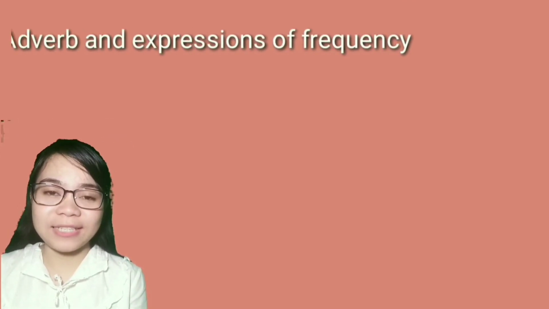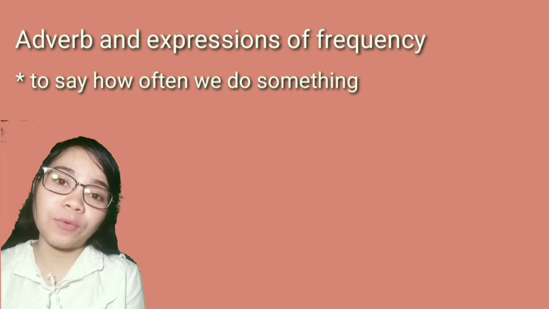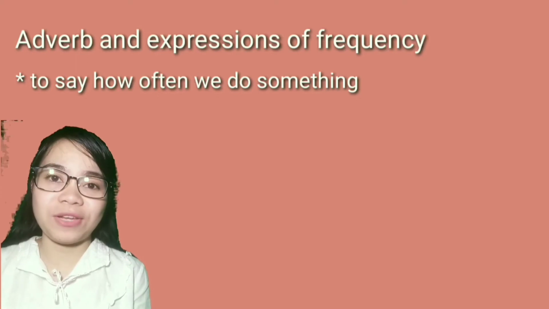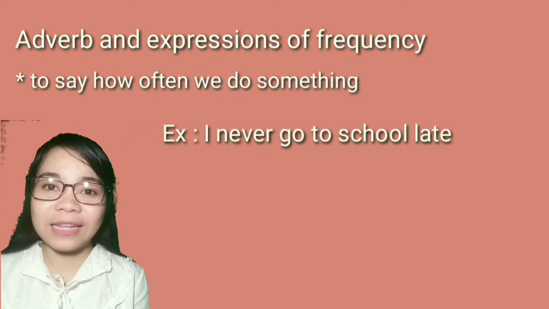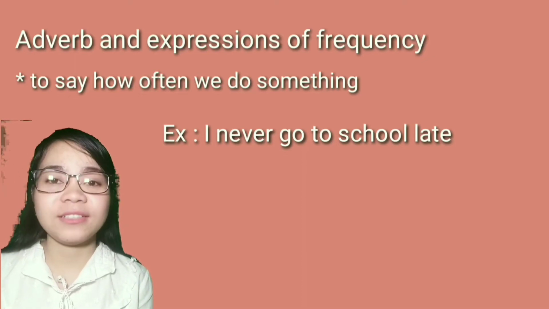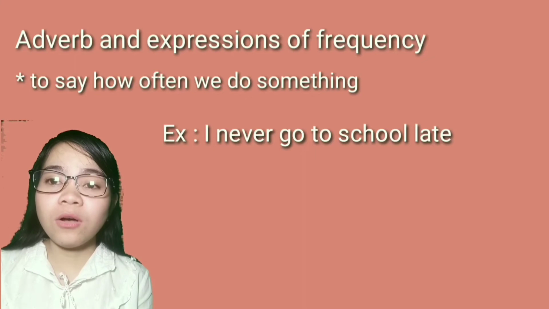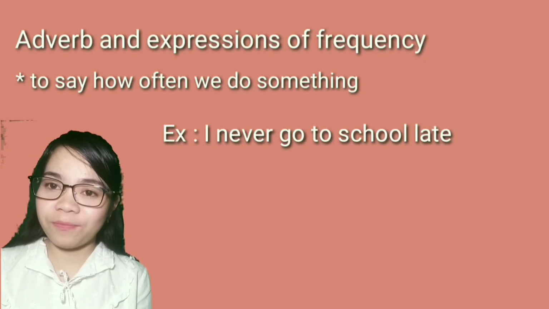In present simple also, sometimes we use adverbs and expressions of frequency. We use adverbs and expressions of frequency when we want to say how often we do something. For example, I never go to school late. I never eat pizza. So, the main adverb of frequency goes before the main verb.